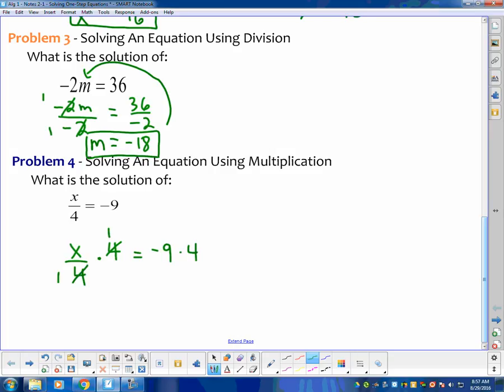So we have canceling to equal 1 in this case. That leaves us with x equals negative 9 times 4, which is negative 36. Let's check that, quick mental check. Negative 36 divided by 4 is negative 9. So I've solved it correctly. So those are one variable linear equations for solving for the variable.